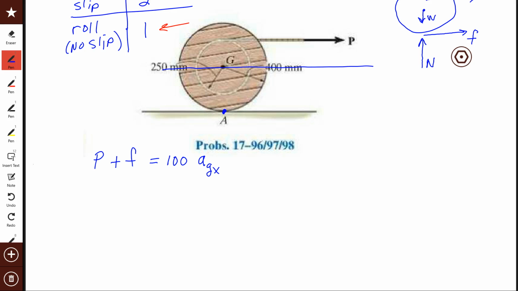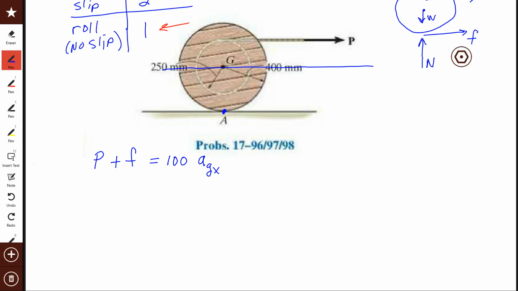In this case, I put in plus ma because I believe that the acceleration is going to the right. I'm going to solve for a, so it doesn't really matter which direction it's going. All I have to do is be consistent whenever I plug in.